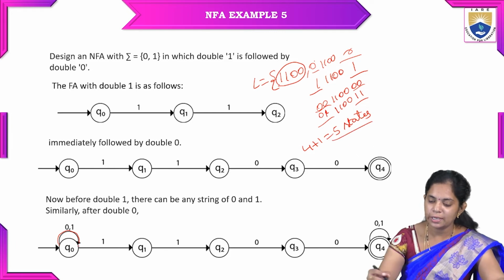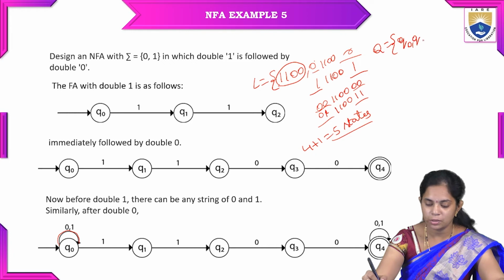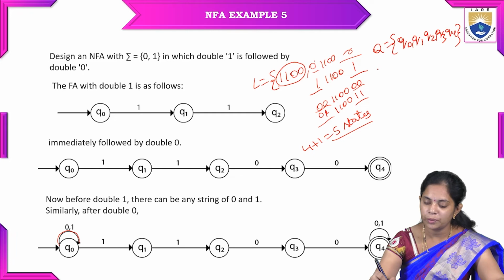So here the set of states Q has 5 states. What are the names of the 5 states? Q0, Q1, Q2, Q3 and Q4. And next, how to write the alphabet? How many symbols do we have? 0, 1.